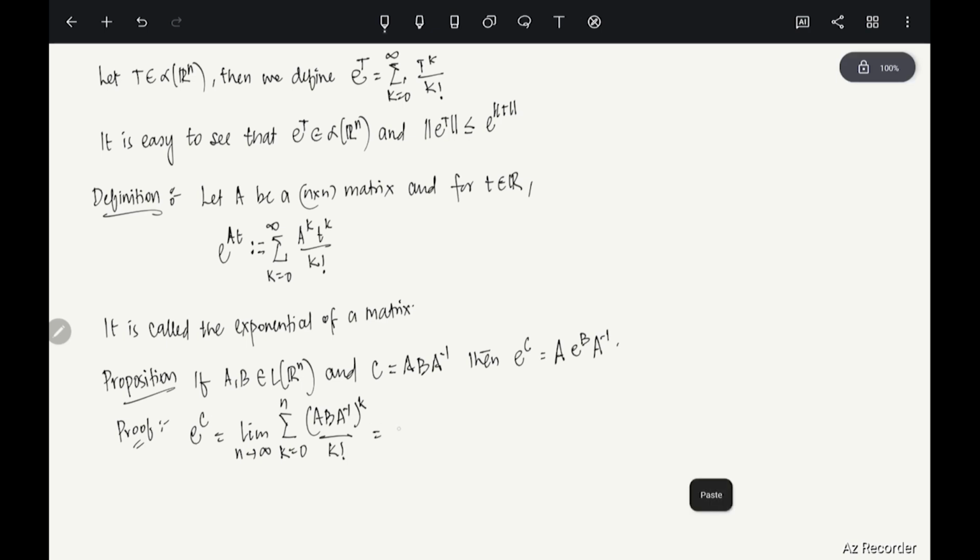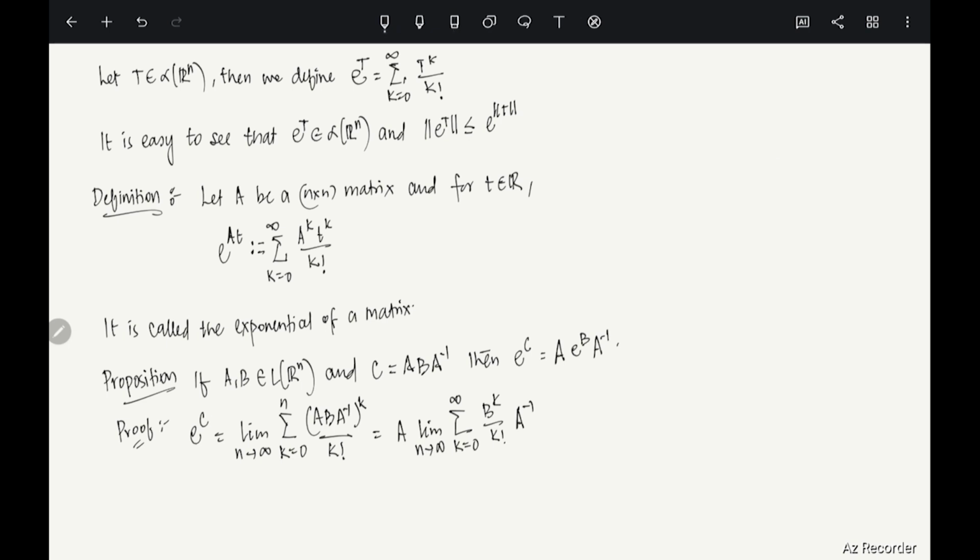You can write it as A times the limit as n tends to infinity of the summation of B power k by k factorial, times A inverse, right? It's just that A B A inverse whole power k is nothing but A B power k A inverse. That's what we are using here.